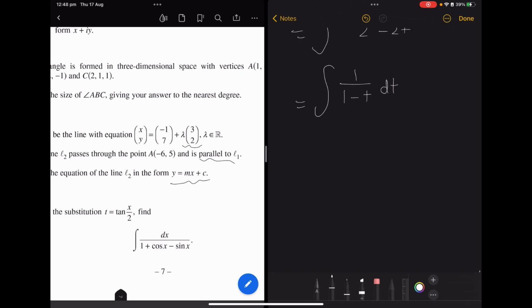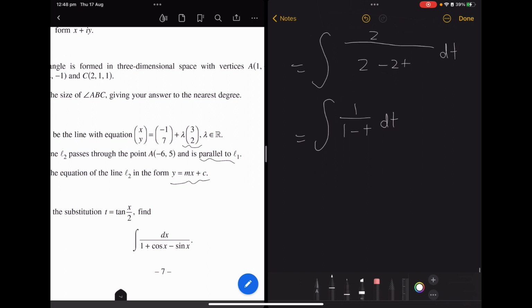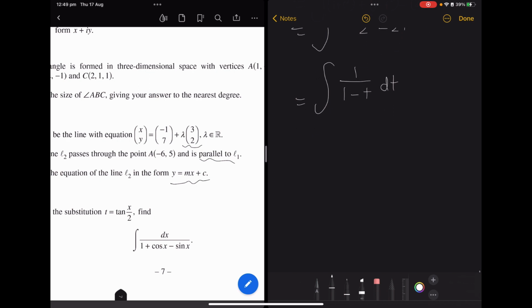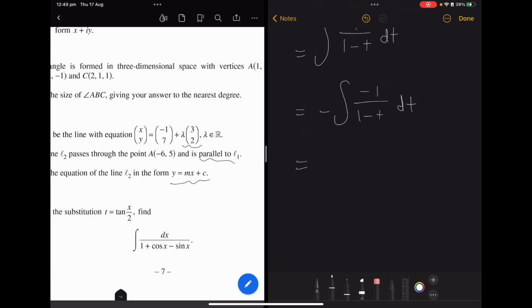Hopefully you can see that if we differentiate the bottom, we have a negative on the top. So let's put negatives here, two negatives to cancel out. And now that's just going to be negative ln of the bottom, so -ln|1 - t| + c.